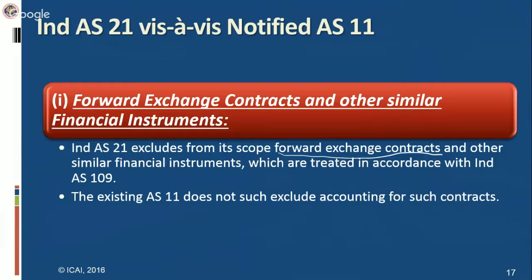These types of contracts and similar financial instruments are excluded from the scope of Ind AS 21, whereas existing AS 11 does not exclude accounting for such contracts. So this is a major difference.